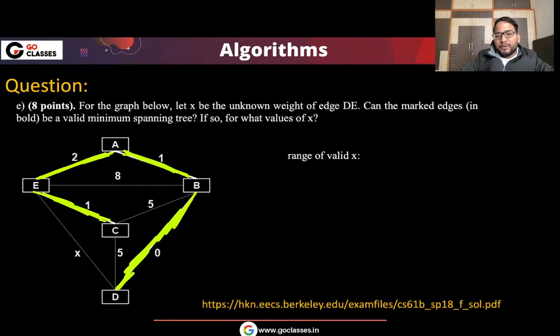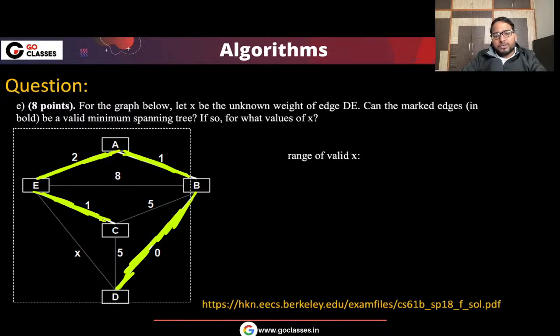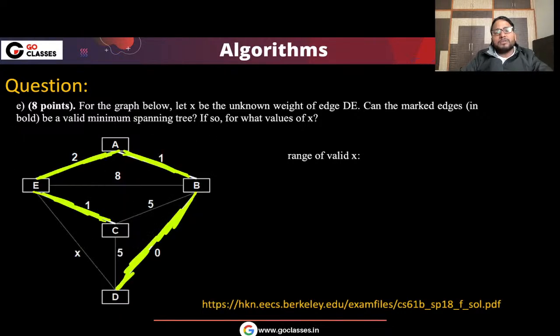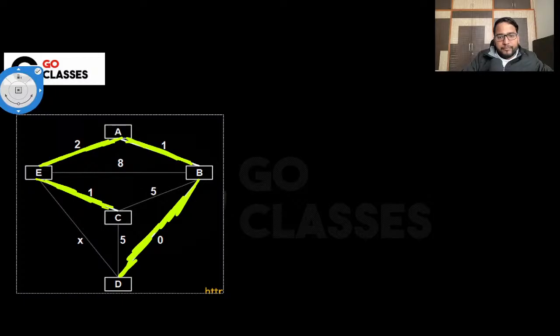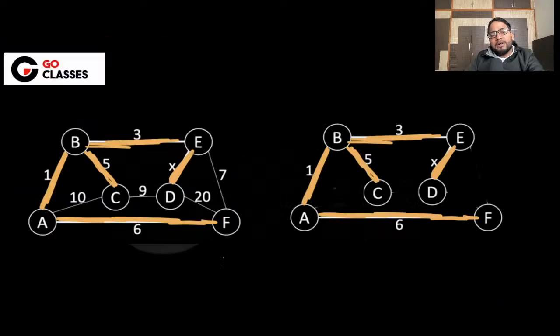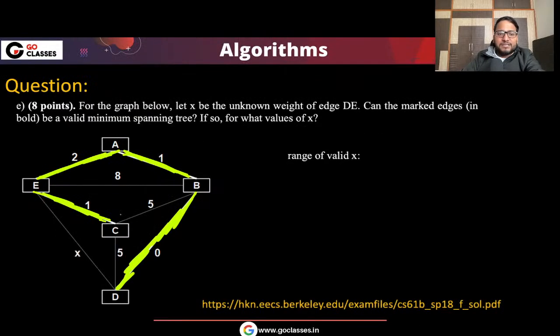See, what is the difference between this question and the earlier question? The difference is that in this question, they are asking about something which is not a part of MST, right? Earlier they asked about X, and the X was part of MST. Now they are asking about this X, which is not a part of MST.